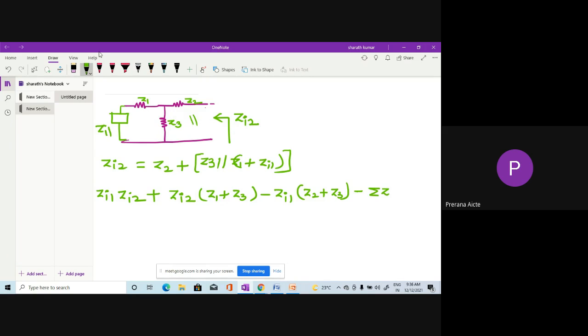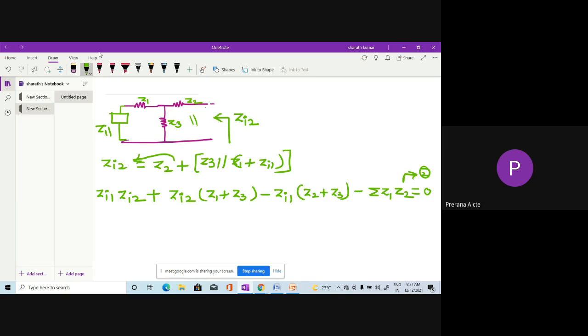In a simple manner, the summation Z1 Z2, we can write that this whole side is equal to 0. This is equation number 2. So now we are calculating the image impedance of that particular network.